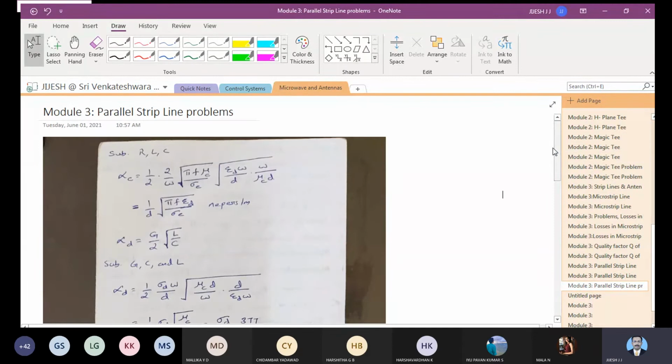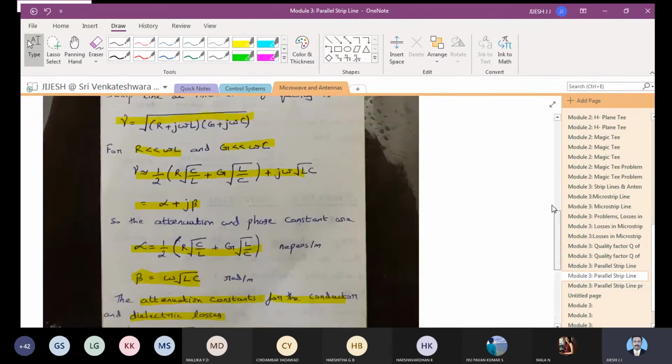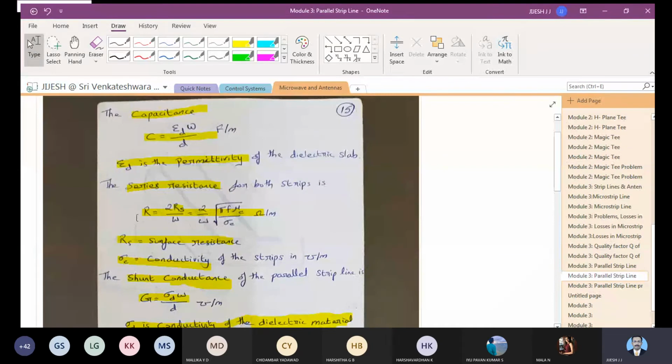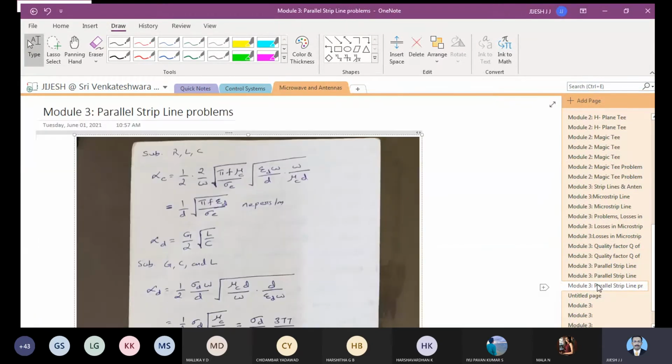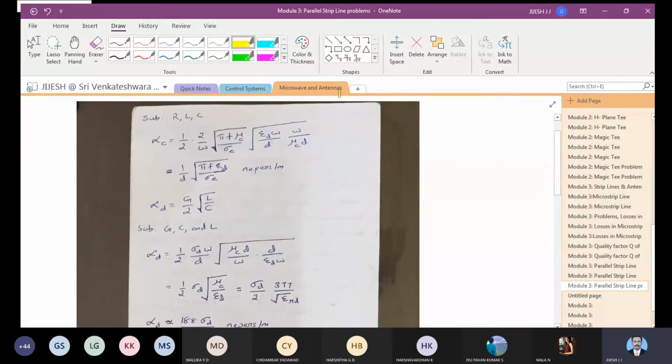In the parallel strip line, you have the equation for C, the equation for R, the equation for G, as well as the equation for L. We are going to substitute R, L, and C, which you studied in parallel strip lines, into the equation for alpha C.